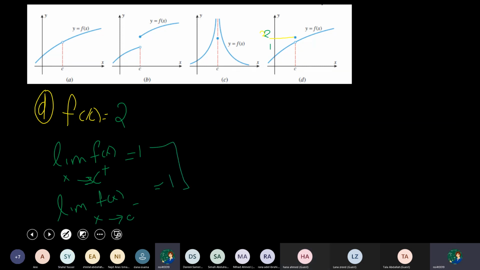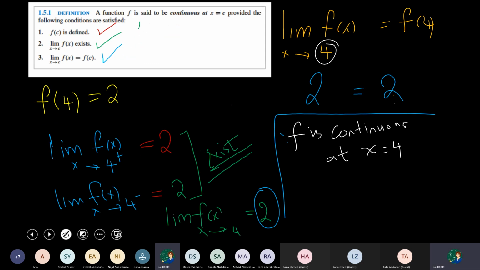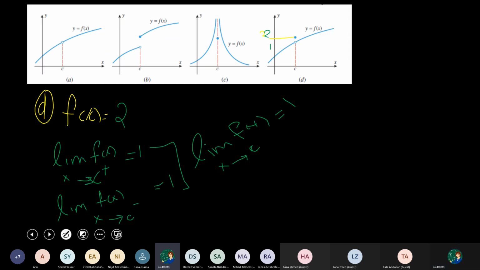Do they exist? Yes. So I can see now the limit of f of x when x approaches c is equal to 1. So the first one is accomplished. Now look at the third one here.